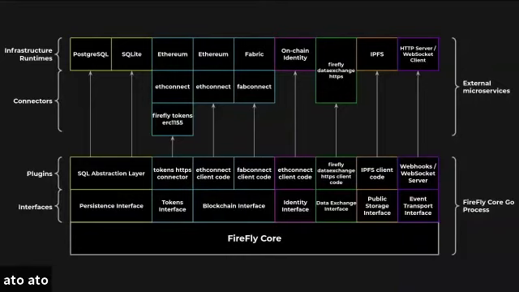The same is true all the way across the board, including the blockchain itself. FireFly is designed to be blockchain agnostic, so you can swap out the blockchain implementation. You can use Ethereum or Fabric today, which are the two plugins that are there. But if another really cool, more efficient blockchain comes out later as blockchain technology continues to evolve, it'll be really easy to write a new connector for that and plug it into FireFly.